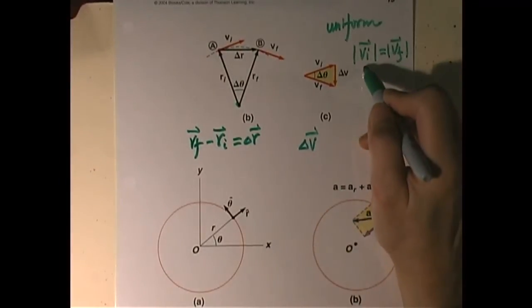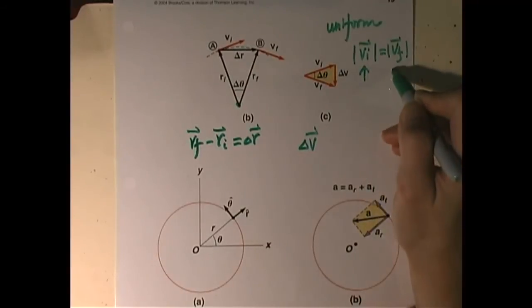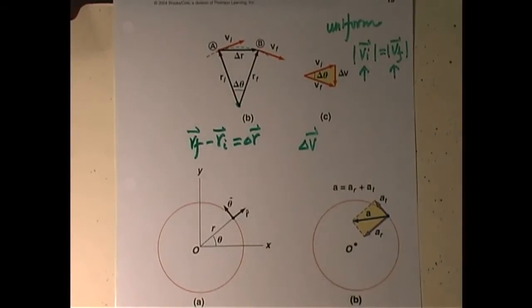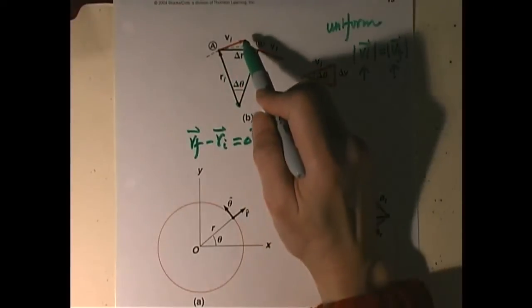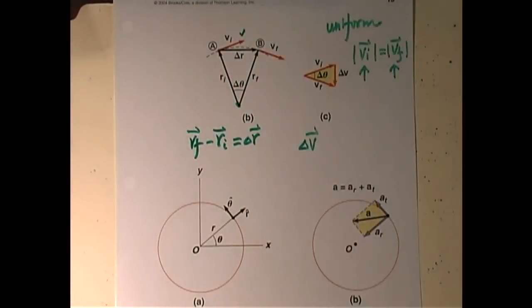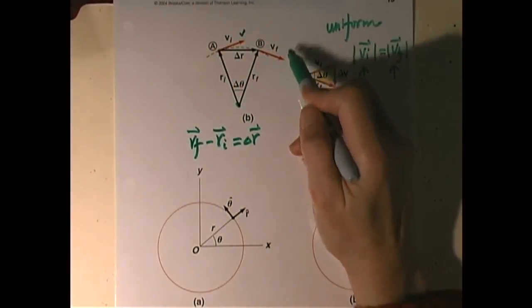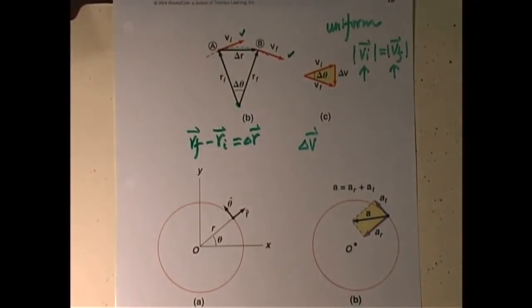Even though the magnitudes of v initial and v final are equal, the directions are not. Look at it, v initial is pointing that way, v final is pointing down, because circular motion requires a change of direction. Otherwise we cannot come back to finish one circle. So this tells us, as a vector, when the magnitude is constant but the direction changes, there is a change of velocity.